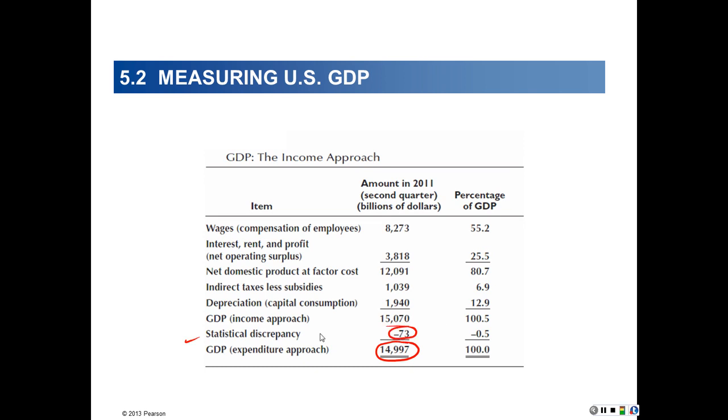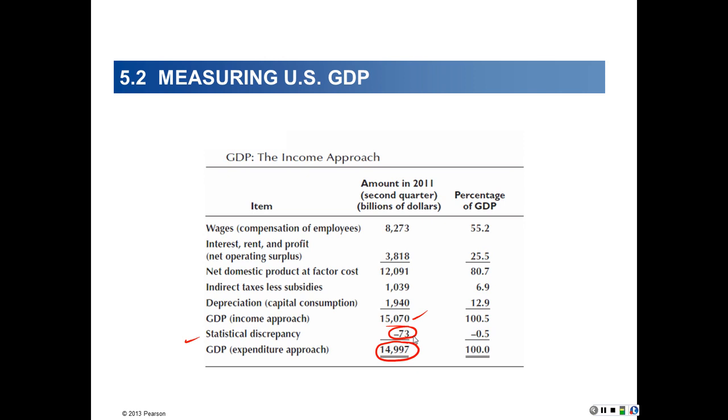It's a negative amount because if you took gauge reading B and adjusted it upward, you got a figure that is slightly bigger than the 14,997. So the income approach gave you a slightly bigger answer than the expenditure approach, and so it had to be brought down a little bit to make sure the 2 answers are the same. So statistical discrepancy in this case is a negative amount.